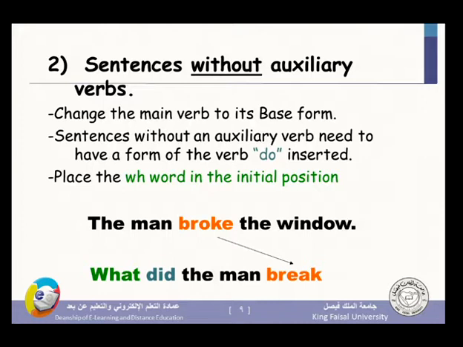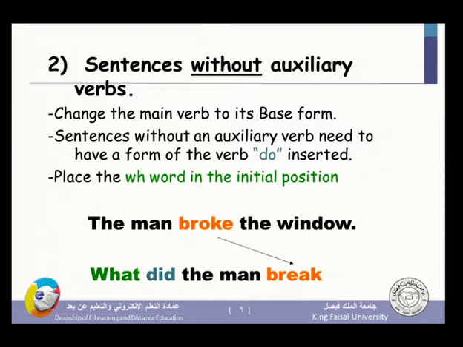So the rule now, the man did break the window. I put the auxiliary before the subject. Did the man break the window? The auxiliary did before the subject, the man. And of course broke becomes break because I made it already past.